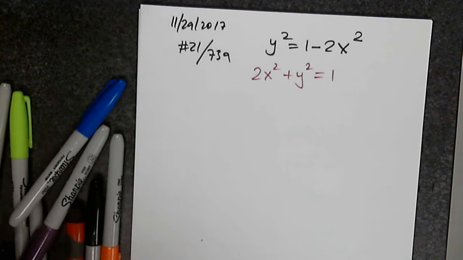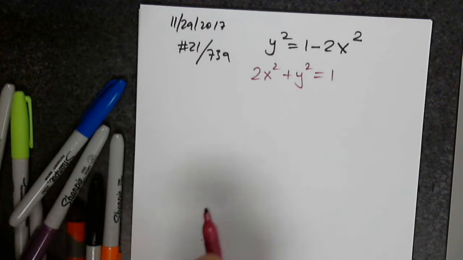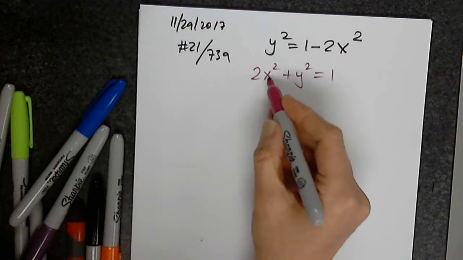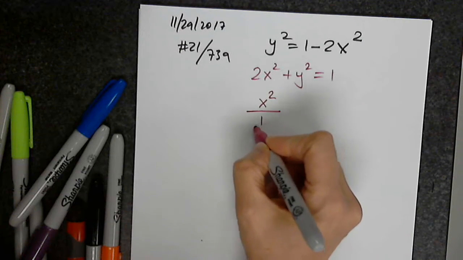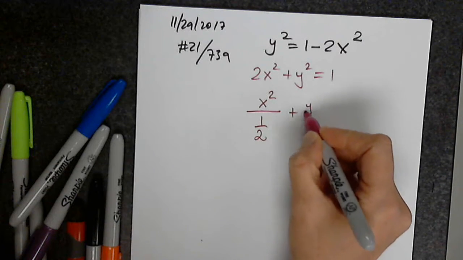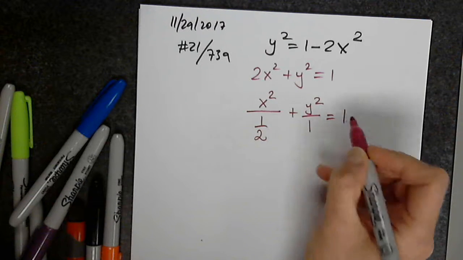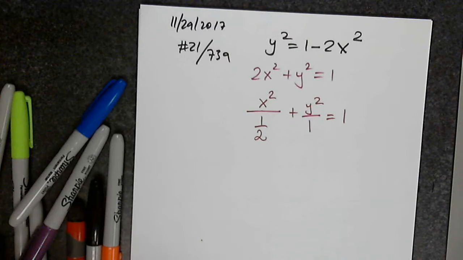I had difficulties in my calculus class understanding how to do this in limits, which is not something we do here. But remember, 2x squared is the same thing as x squared over 1/2. I copy x squared, I flip 1 over 2, and I get 2x squared.